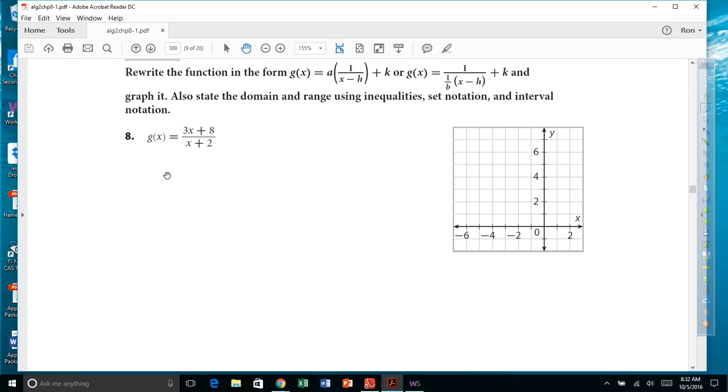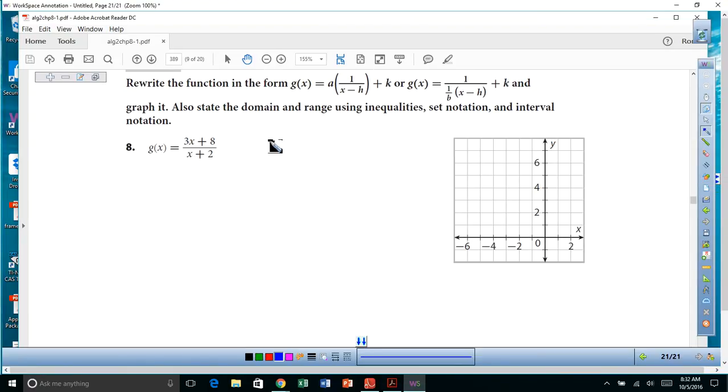So let's see here. We have x plus 2, and that's going to go into 3x plus 8. So 3 times x is 3x. 3 times 2 is not 2, it's 6.